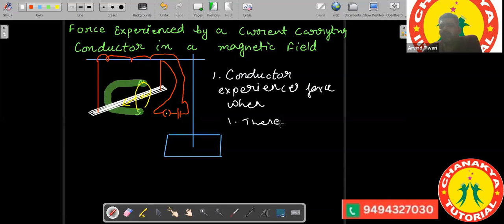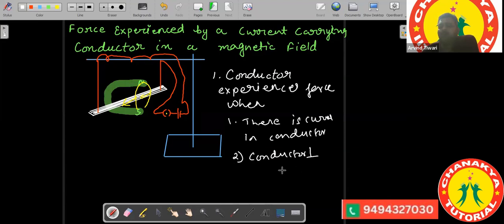So there should be current in this conductor. When there is current in the conductor and when the conductor is perpendicular to the magnetic field, both the points should be there, perpendicular to the field.